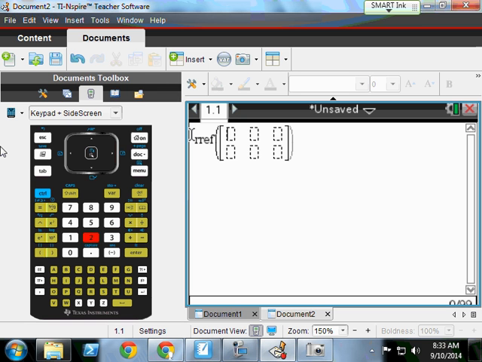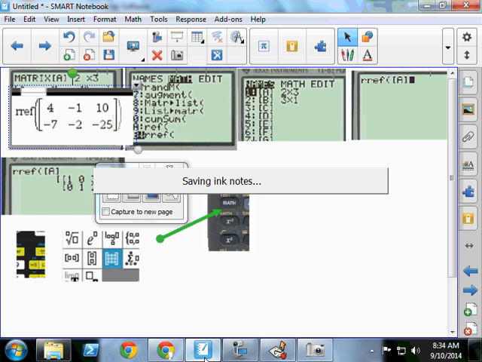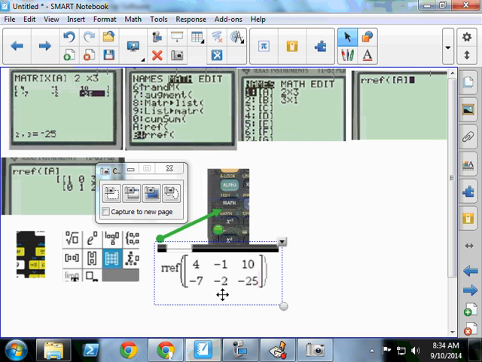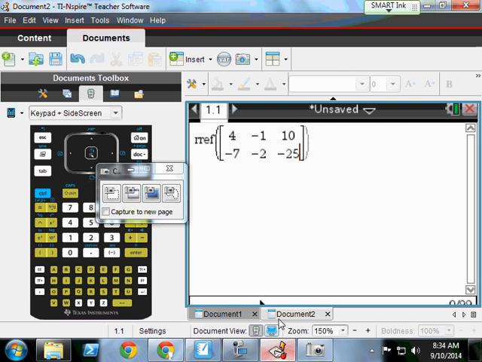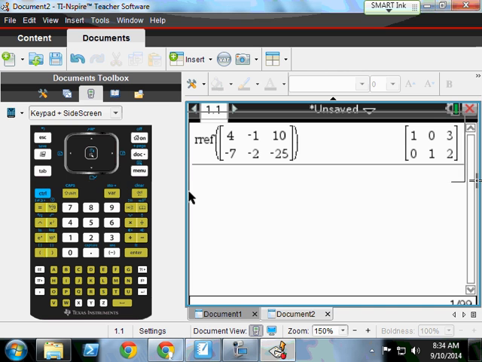So it's 4, -1, 2, 10. Okay, thank you. And then -7, -2, and -25. Thank you. Good looking out. So there we go. That's all we need. And again, we just press enter, and it's that fast. It's pretty sweet. What do we think? Is that cool or what?